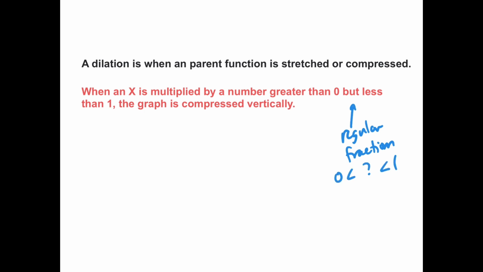No improper fraction, no mixed number, just a plain old fraction. 2/3, 1/2, 1/4, 3/4, 7/8, whatever. When you see that fraction in front of the x, it's going to smush vertically, and it'll make it kind of push apart, like we did when I showed you that picture.